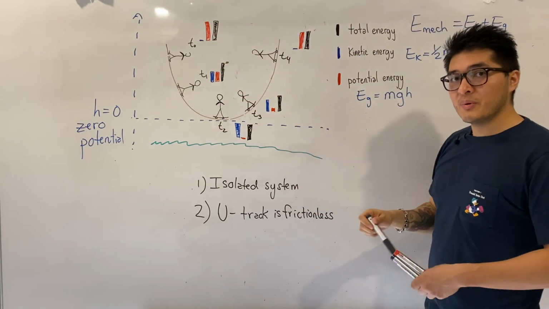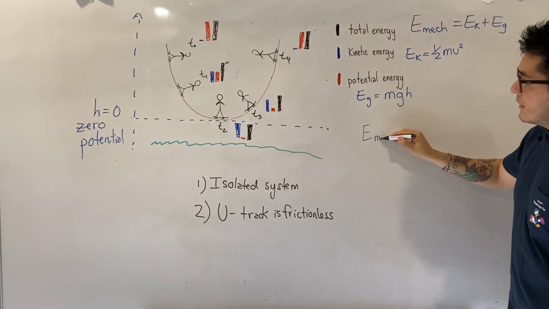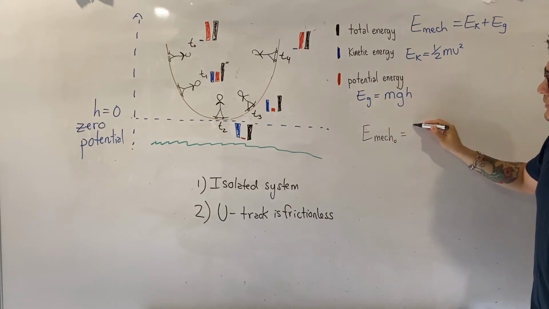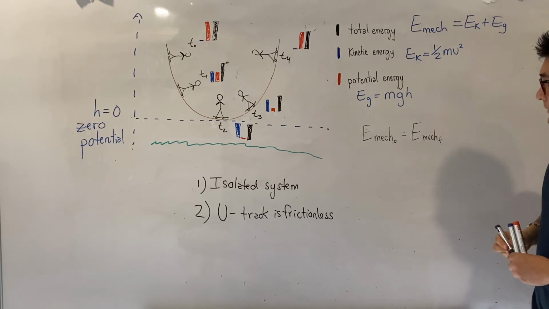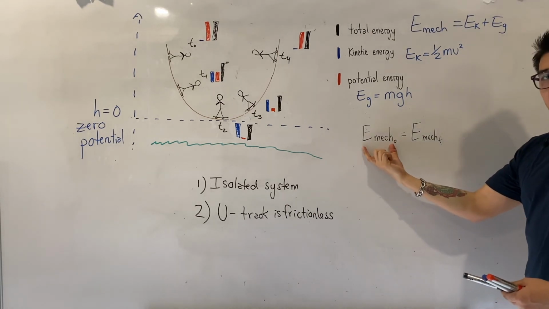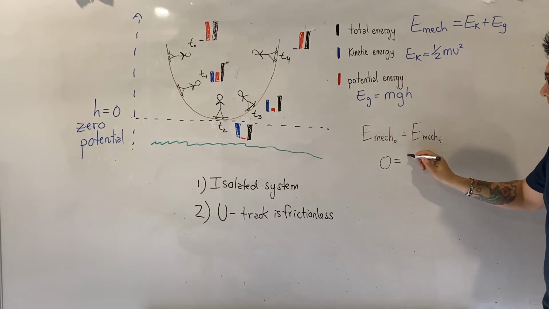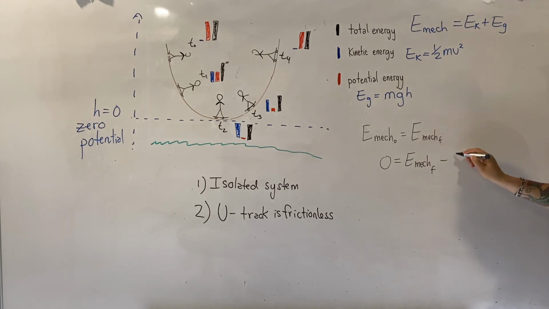So one way to represent that is E mech initial equals E mech final. We can move the mechanical energy initial to the other side: E mech final minus E mech initial.